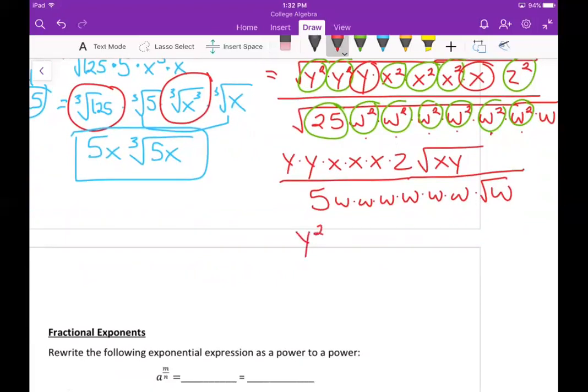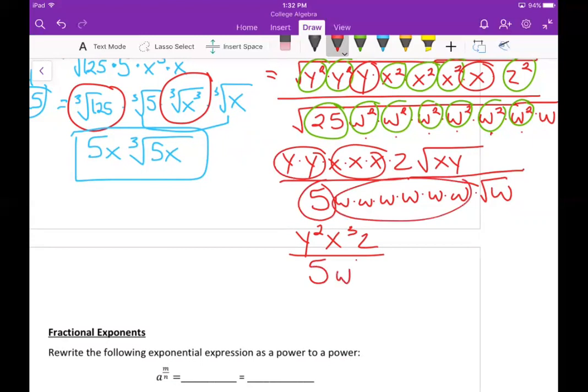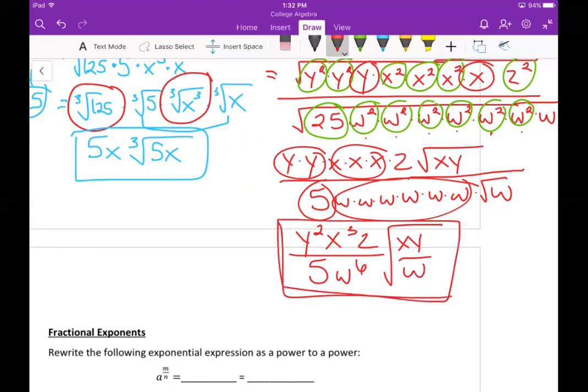Y squared from these 2 y's, x cubed from these 3 x's, z. On the bottom, without the root, I have a 5, and I have 6 w's multiplied together. Then we like to put the root back together separately out here. All multiplied by xy is left on the top under the root, and w is left on the bottom under the root. And that's a good final answer there.